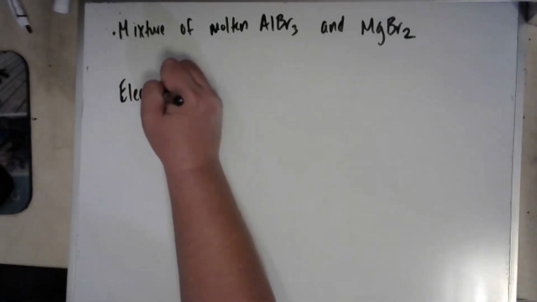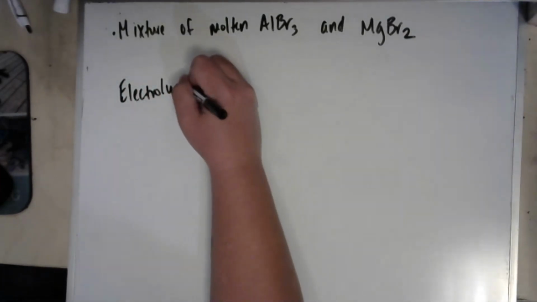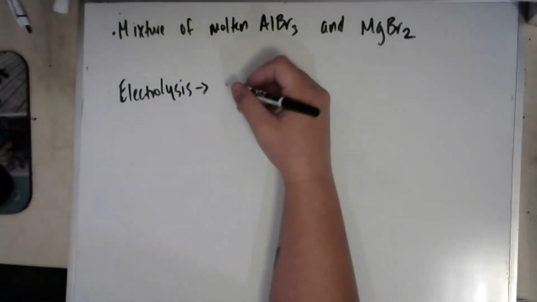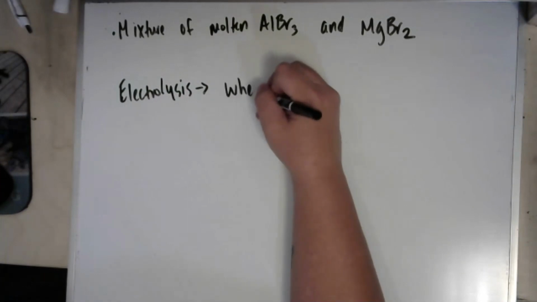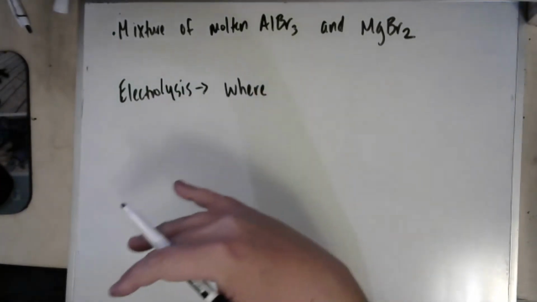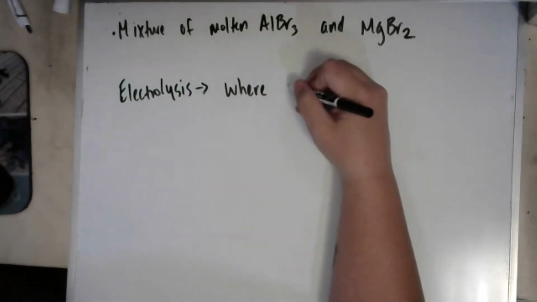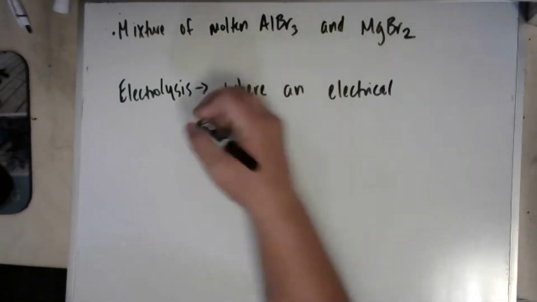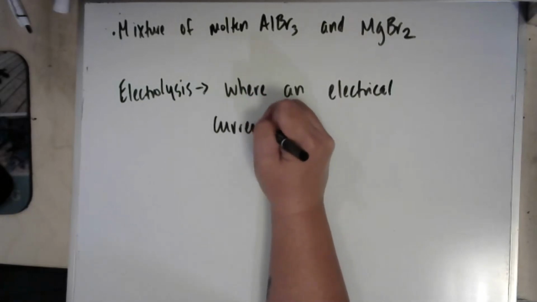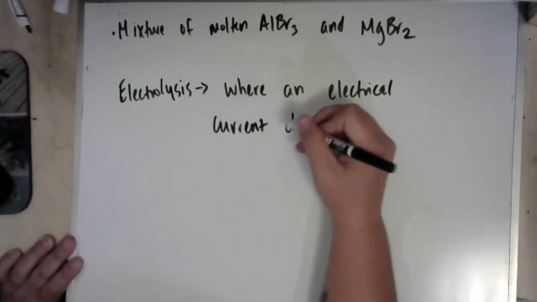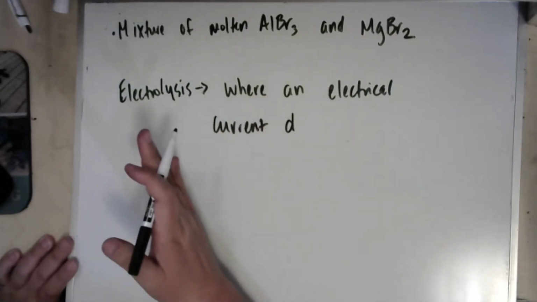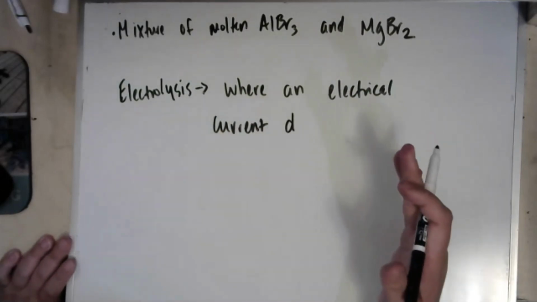When we see electrolysis occurring, we're looking at a cell where we have some kind of electrical current. It's going to drive a reaction that would normally be non-spontaneous forward.